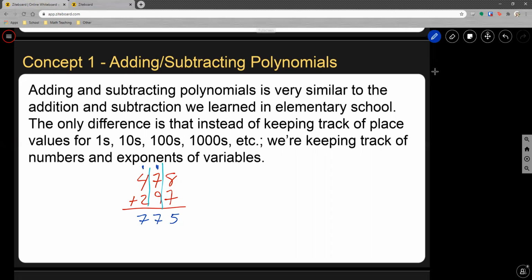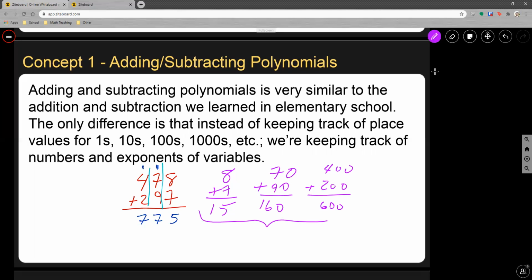What's really happening here is I'm shorthanding effectively 3 little addition problems. I could rewrite this as 8 plus 7 for my ones digits and get 15. I could do my tens digits as 70 plus 90 and get 160. And then finally my hundreds digits as 400 plus 200 and get 600.